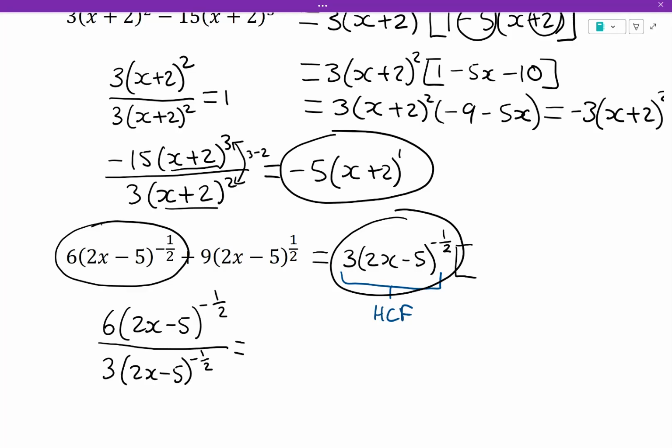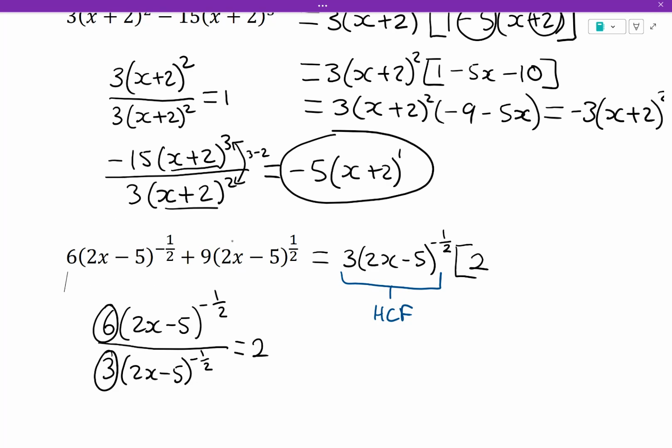Now let's calculate this. We've got 6 divided by 3, so that's going to be 2. And then our bracket parts are exactly the same with the exact same power, so they are just going to cancel out. So we're actually just left with 2. Therefore, the first term in our square brackets is just going to be 2. So it's already looking a little bit neater.